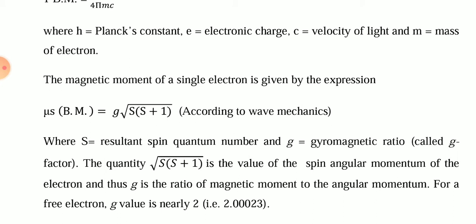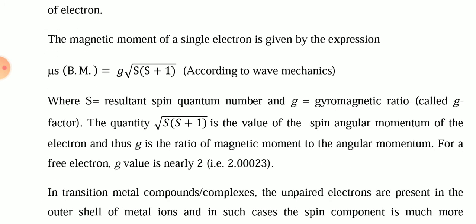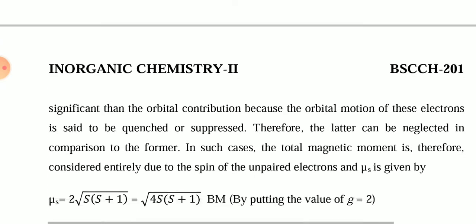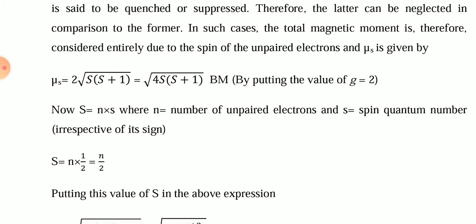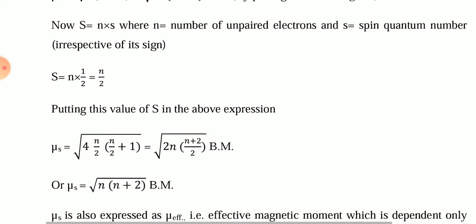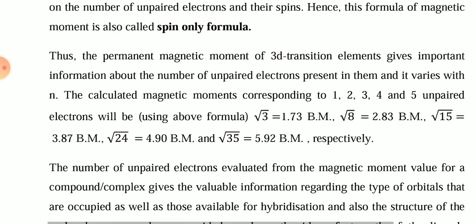Thus g is the ratio of the magnetic moment to the angular momentum. For a free electron the g value is nearly 2, so you can put the value of g in this equation and you will find the magnetic moment for a particular complex or molecule. Here is also an example you can try to calculate the magnetic moment.